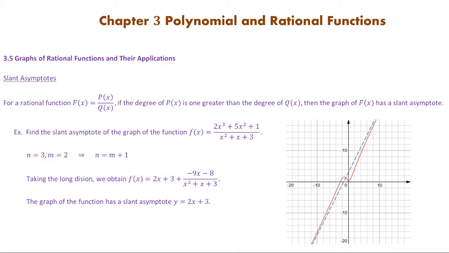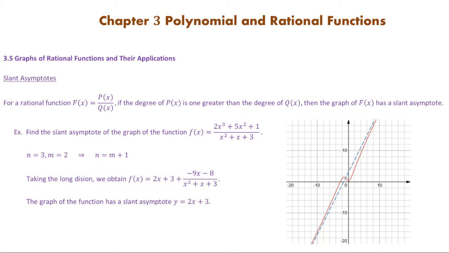Now, n equals 3, m equals 2, so the top polynomial has degree 1 more than the bottom polynomial. 3 minus 2 equals 1, or n equals m plus 1. So in that case, we do have a slant asymptote.